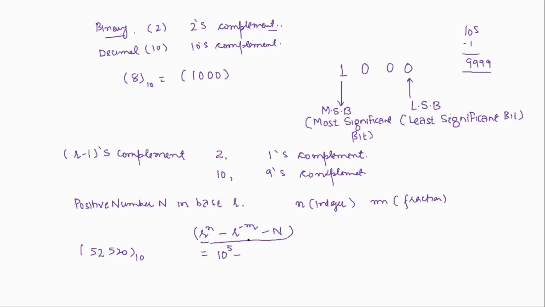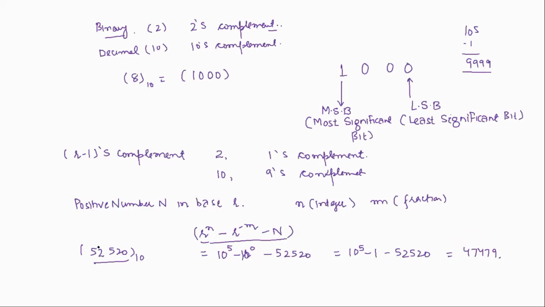Do you have any fractional part? No. So the number is 52520, and this is 10 raised to 5 minus 1 minus 52520, which is 47479. This is the 9's complement. What should be added to this so that all becomes 9? That is called 9's complement.